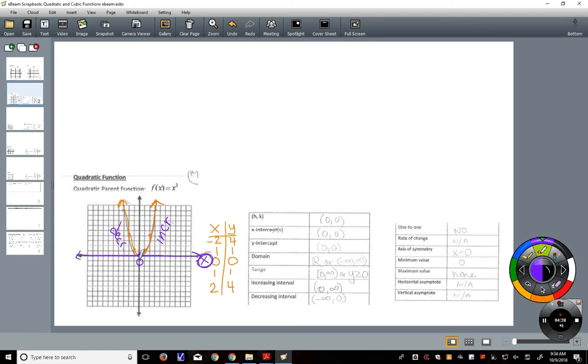So when you list the increasing and decreasing intervals, you're saying the decreasing stuff is happening on this side of 0, and the increasing stuff is happening on this side of 0. So when they say increasing interval, you think not about where the graph is going, but instead that increasing happened for these x's. That's from 0 to infinity.